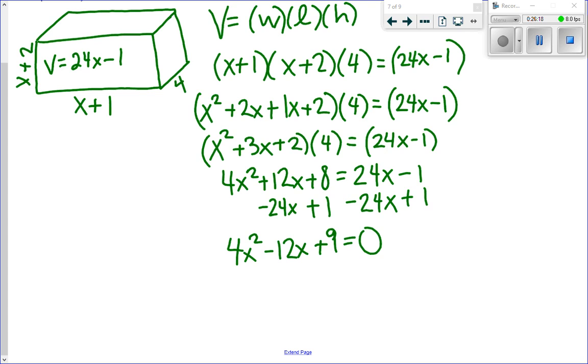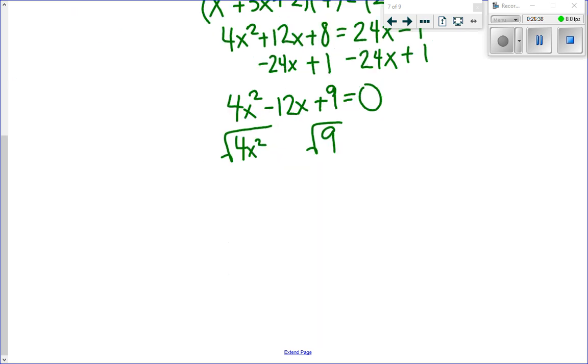Okay, so the first thing we're going to want to do is see if there is a GCF. And, oh great, I have 4 and I have a 12, which means those will, except they won't because I have a 9. But, because I know all of my perfect squares, I know that 4x squared is a perfect square, and 9 is a perfect square, which will give me 2x and a 3.